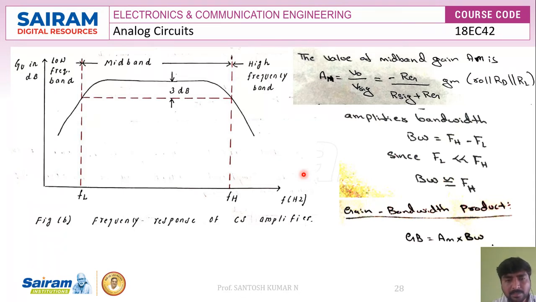The frequency response of the common source amplifier has three bands: a low frequency band, a mid frequency band, and a high frequency band. In the low frequency band, the gain falls due to the effect of the coupling capacitors CC1, CC2, and the source capacitance CS.